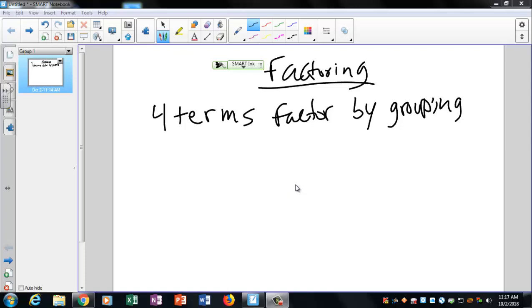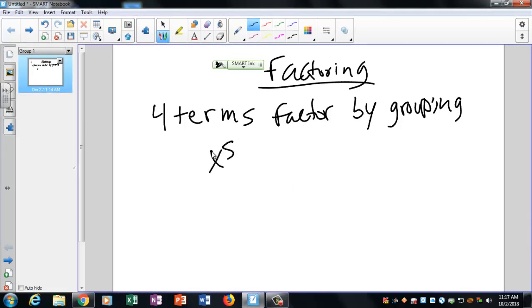All right. So problem number 1 was x to the 5th minus 2x to the 4th plus 6x cubed minus 12x squared.